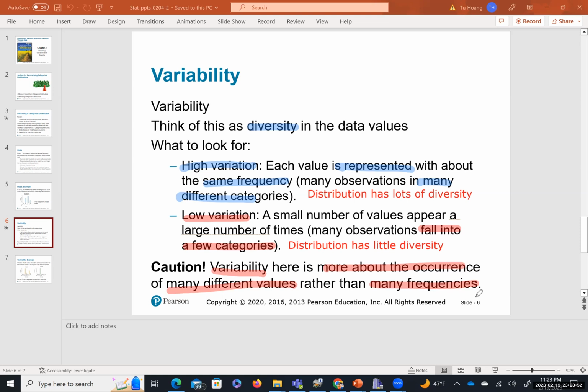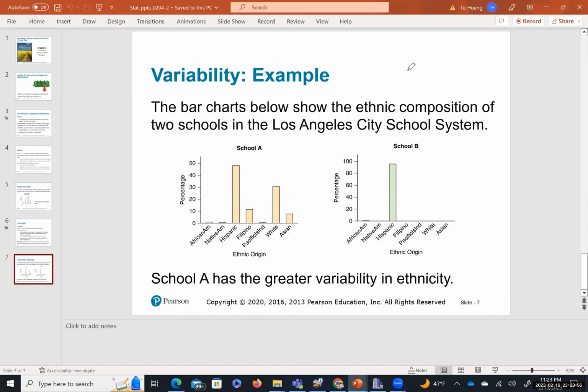Okay, so that is an example, but let's see the examples of variability in this section. As you see on the left hand side here we have ethnic origin.